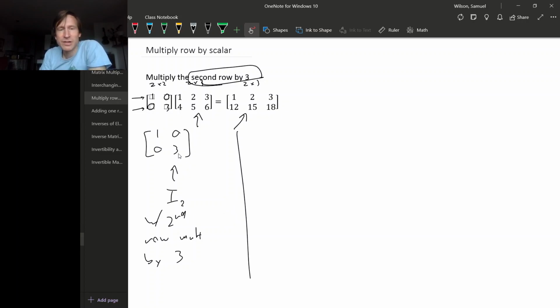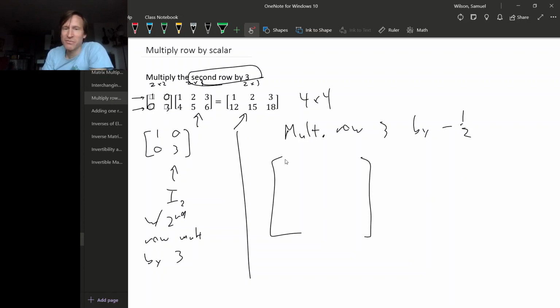So we can embody any multiplying-a-row-by-a-scalar row operation just by using the same trick. So if we want a matrix for multiplying a row, say, let's say it's a 4 by 4 matrix, to multiply row 3 by negative a half, we would just take the 4 by 4 identity and then multiply the third row by minus a half.